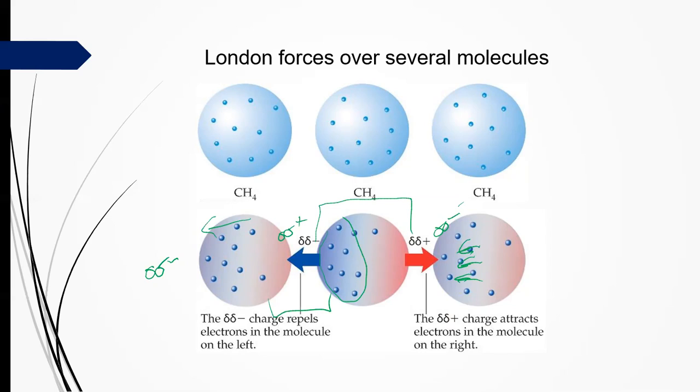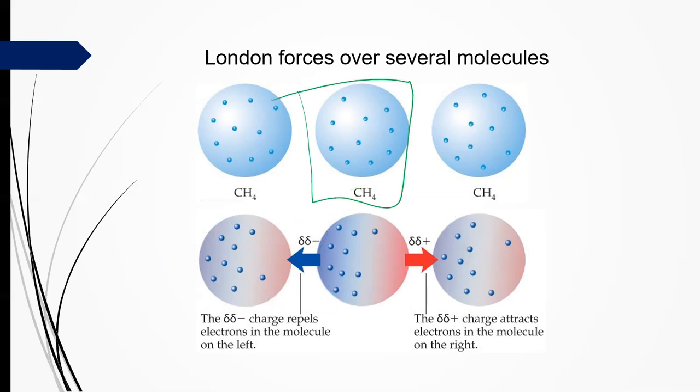And so then when those electrons in the center one move back to a neutral position, then these forces will move away. And so London forces are just a temporary situation. They come because the electrons are in motion, and we see them in all molecules where there are electrons.